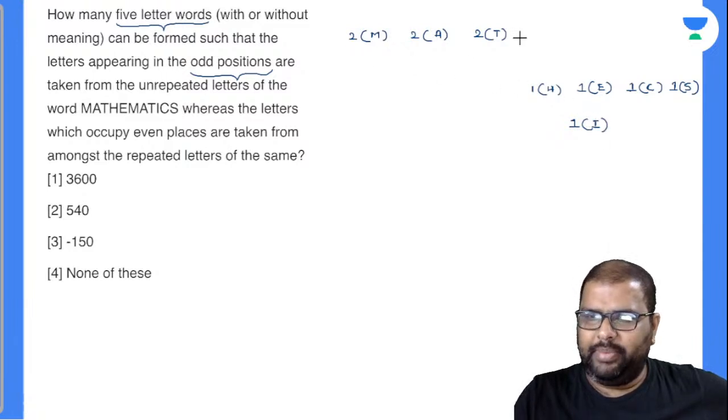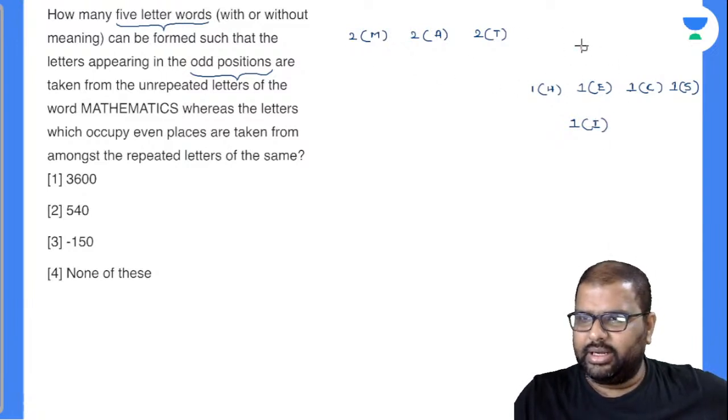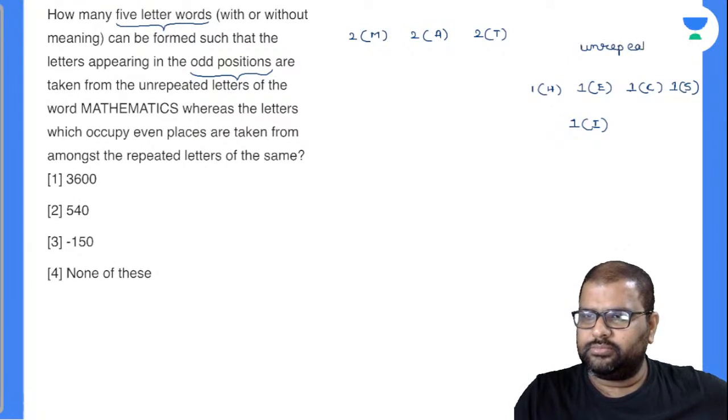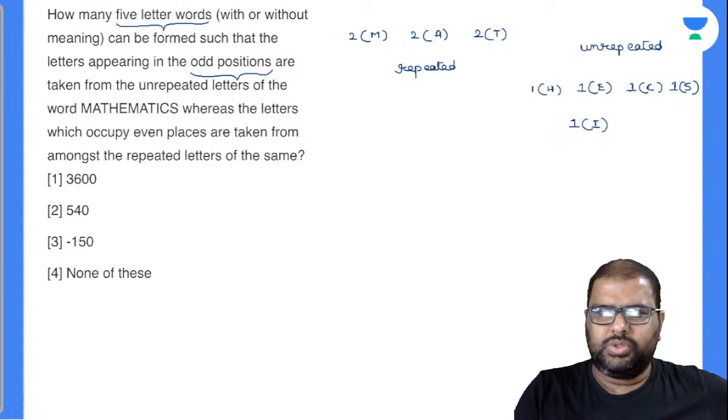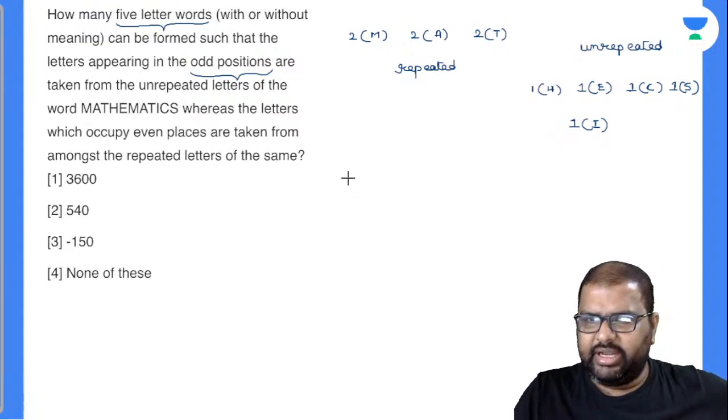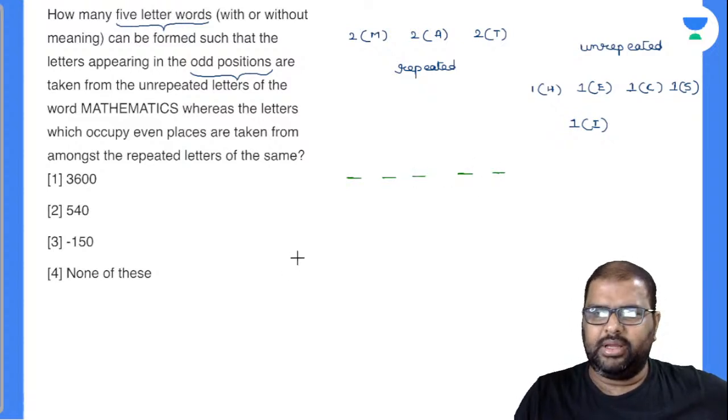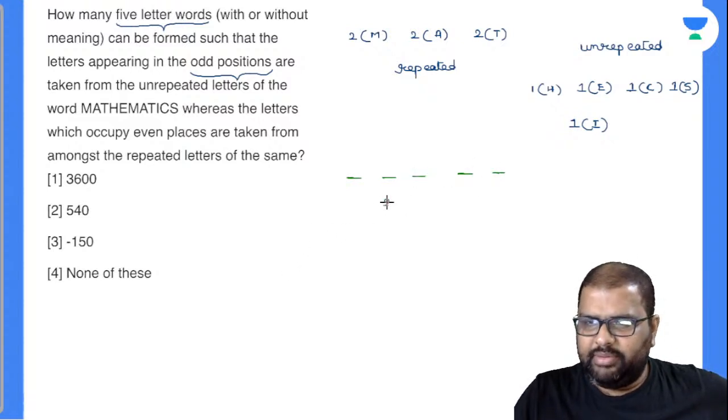So these are repeated, these are unrepeated. I'll write unrepeated and repeated. So you are asked to frame a 5-letter word here. 1, 2, 3, 4, 5. And see here, this is your even position.